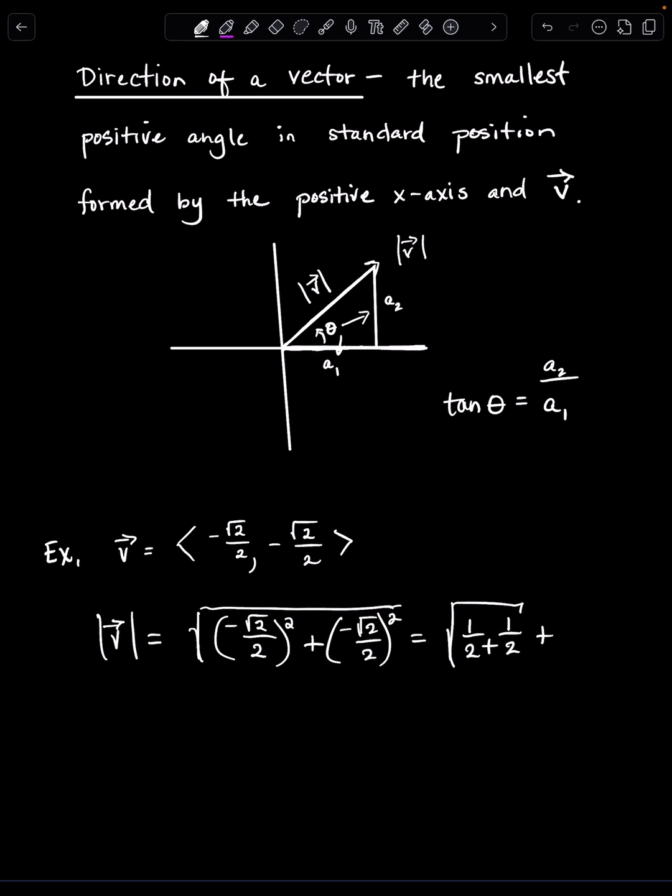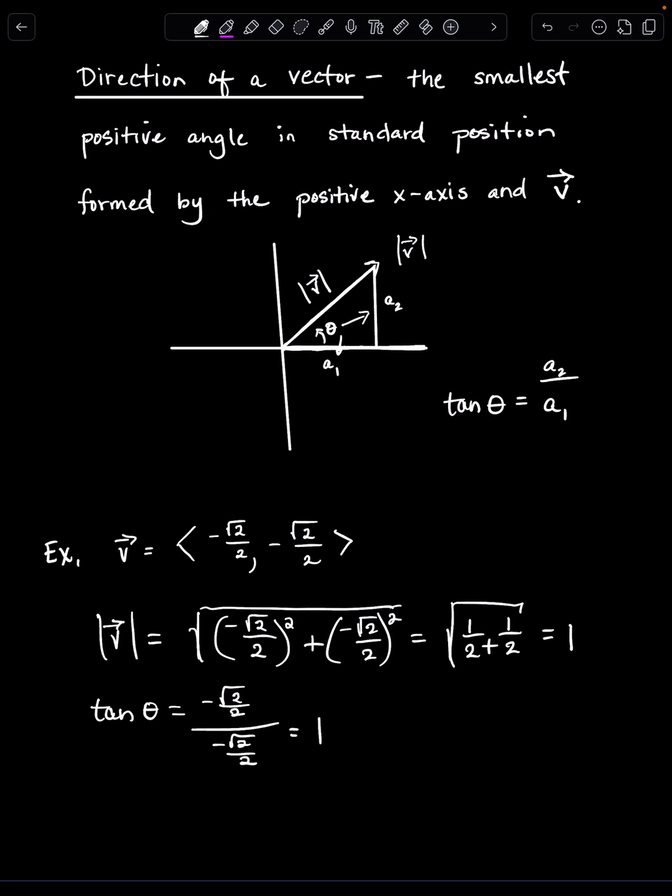Square root of 1 is, that's not a plus, that's an equals 1. So that's the length of that thing, and then we want to find the direction. Angle, that's theta. Remember, if we're looking for theta, we're doing the vertical over the horizontal. So we've got negative square root 2 over 2 divided by negative square root 2 over 2. You wouldn't really need to write that out because when you divide anything by itself, it's 1.